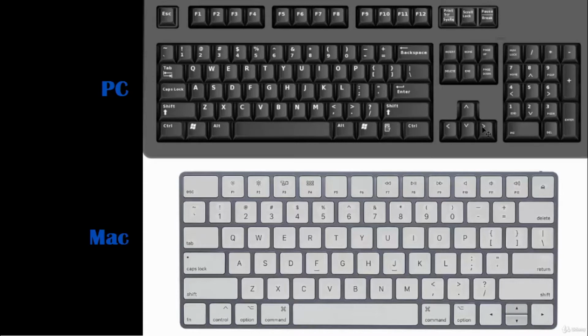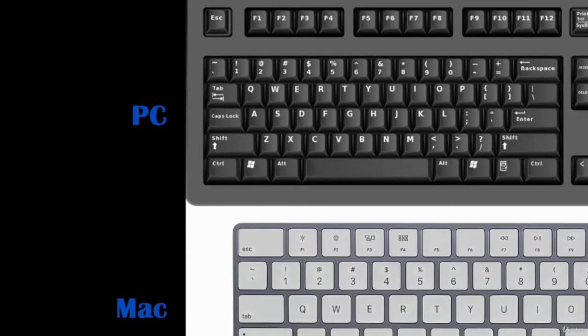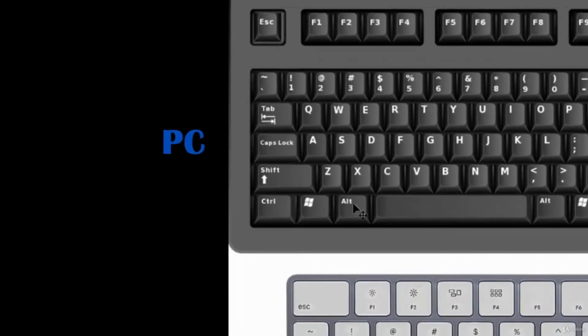So, the main keys that you're going to be using for keyboard shortcuts are the Alt key, and I'll explain these on Mac in just a second, the Control key, and the Shift key. You'll use these in various combinations and with other keys to do probably 80% of the things you can do with the mouse when it comes to opening tools and saving and things like that, okay?